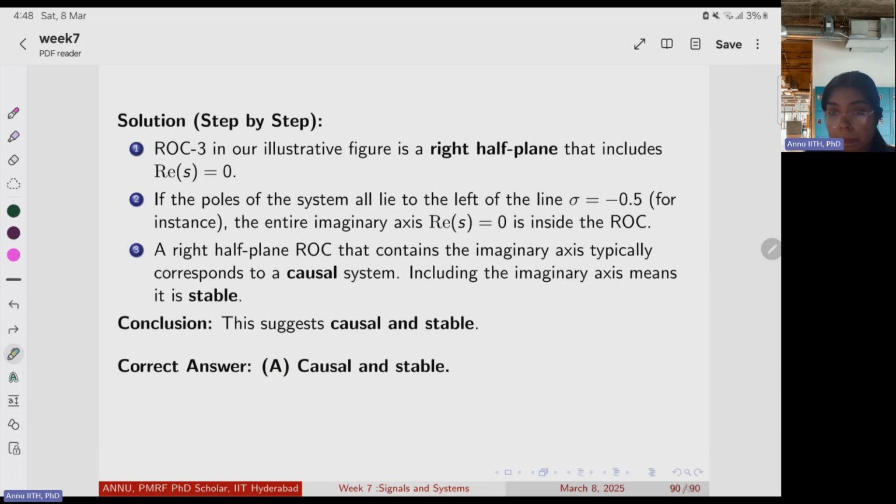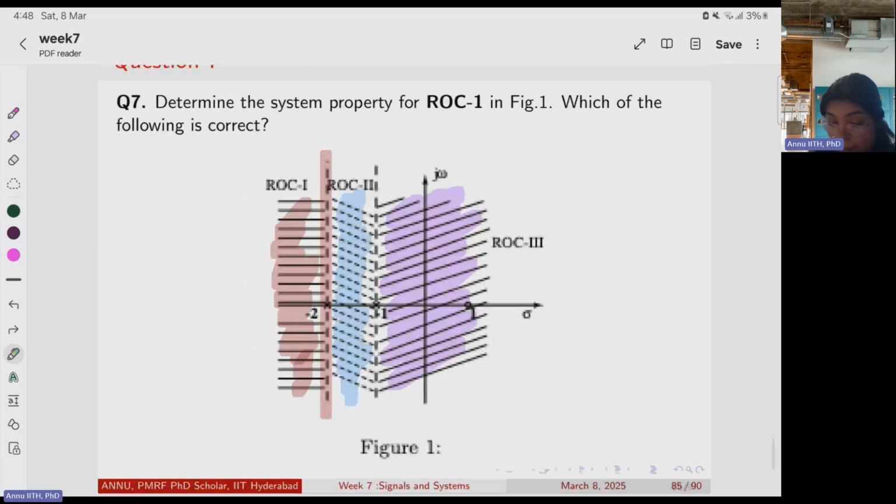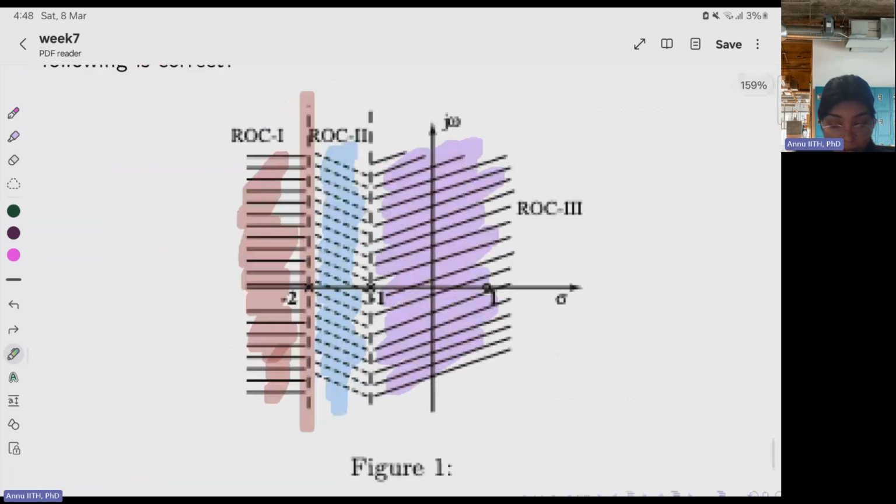To repeat what you require for causality and stability: first of all, for causality, the ROC should be to the right of the rightmost pole. The pole on the right side was at minus 1. And if the ROC involves j omega, that is s equals 0, then it is stable.